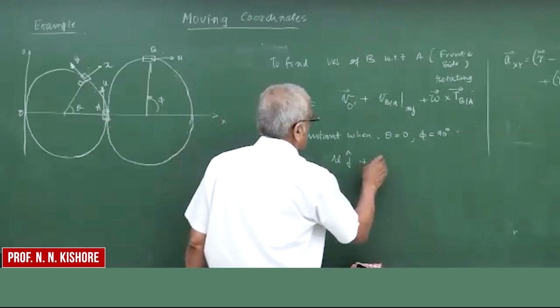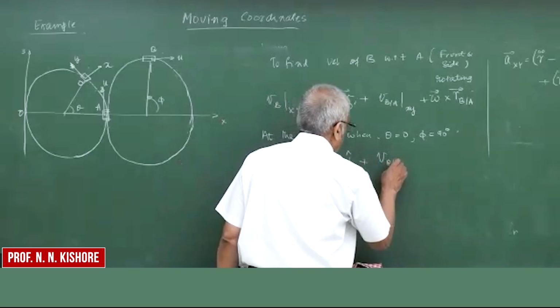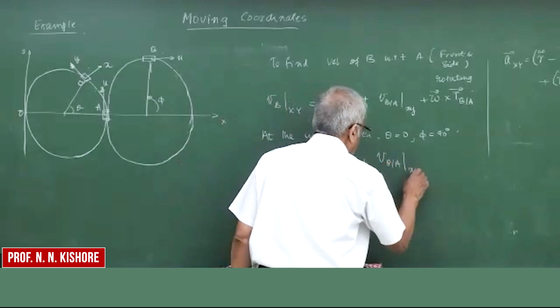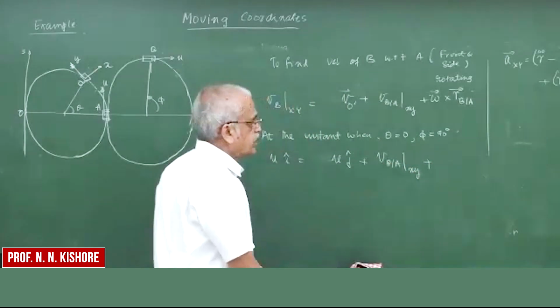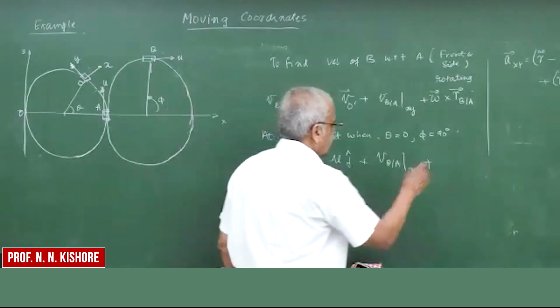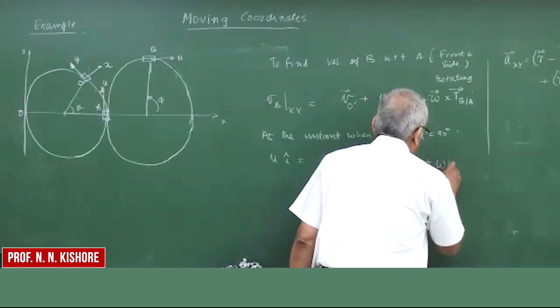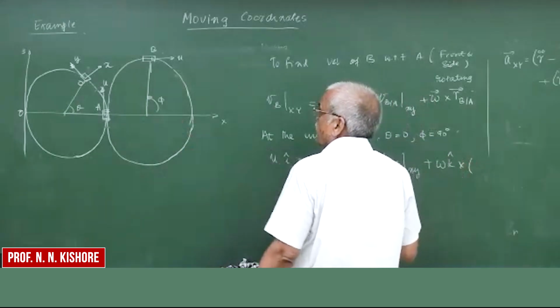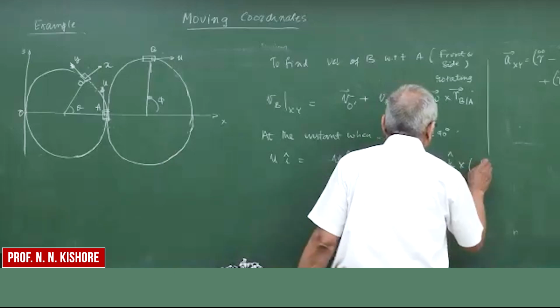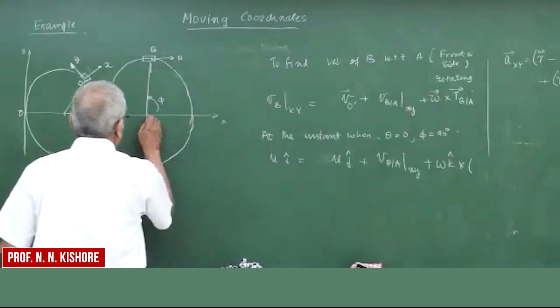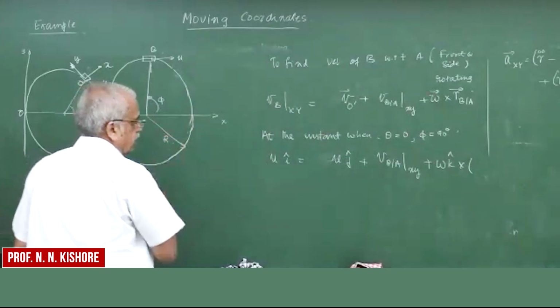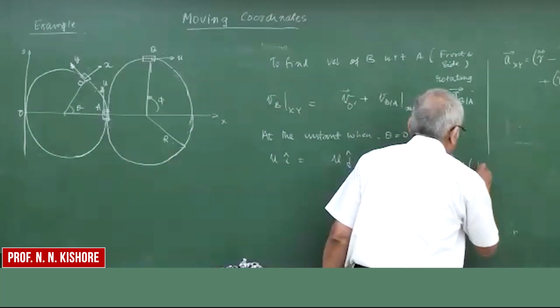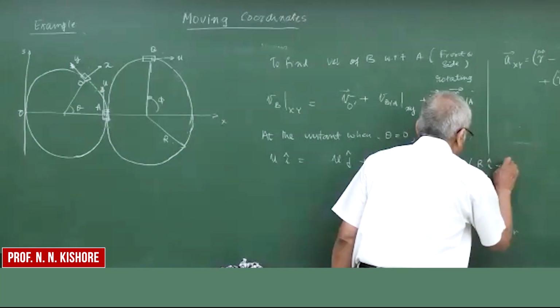So this is what we want to find. And the correction term here, omega cross RBA, is nothing but omega k cross B with respect to A, which, if the radius is R, is nothing but R i.